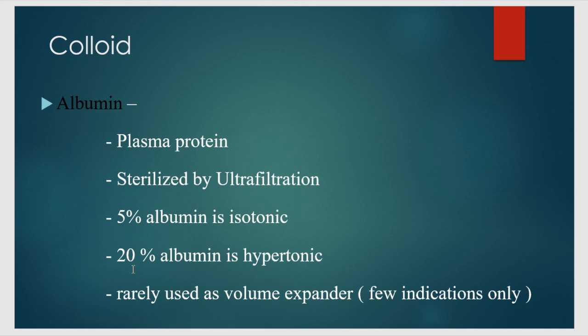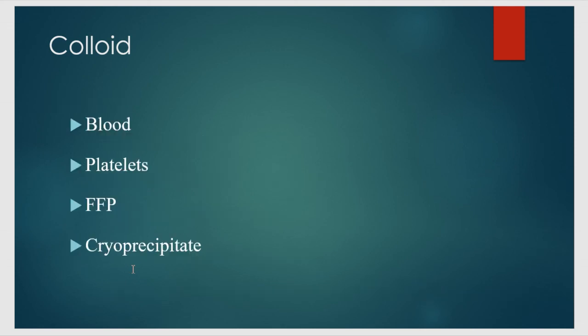But yes, if the patient is suffering from hypoalbuminemia, 5% albumin can be used, and sometimes 20% albumin can also be used if the patient has less albumin due to some liver disease or other causes. And finally, the blood, platelets, fresh frozen plasma, cryoprecipitate, all these come under colloids, and details we will discuss in the blood transfusion or other lectures.